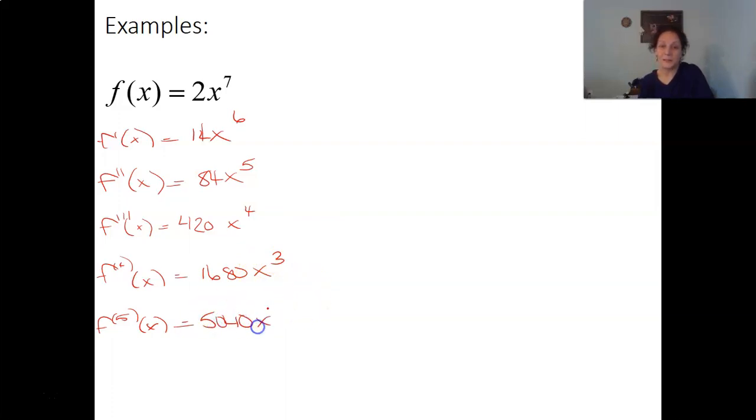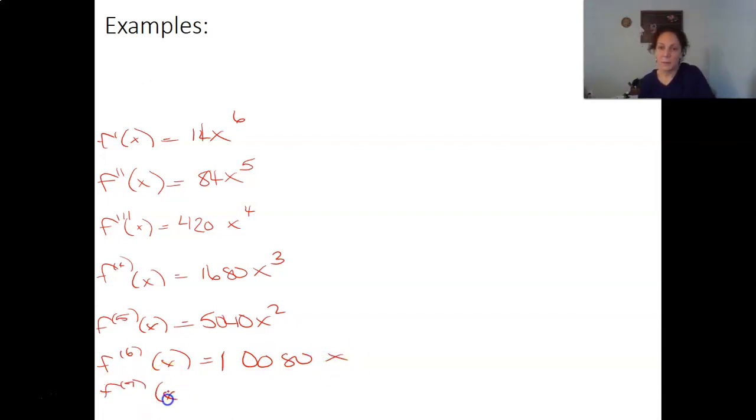In other words, by the time I get into my higher order derivatives, they're going to go constant. My seventh derivative is going to be just the number, and then my eighth derivative is going to be 0.